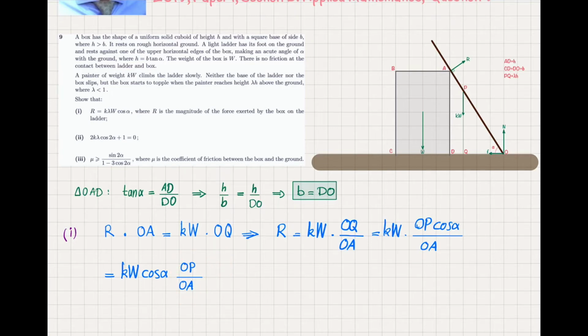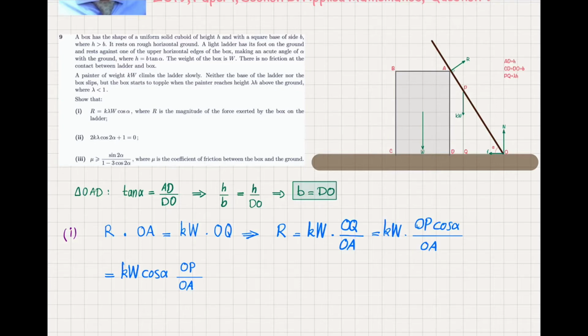One way to do this, for me it was easier, is to use the similarity between these two triangles, OPQ and OAD. So this triangle and this bigger triangle, I'm claiming that they are similar. Why is that the case? Because this angle is 90, this angle is 90. On the other hand, this angle alpha is common to both triangles. So two angles from one triangle are equal to two angles from the other triangle.